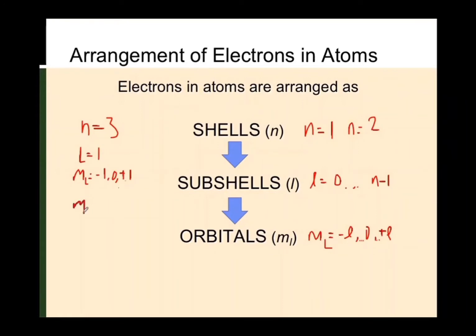Then ms for any one of those is going to be plus or minus, for each one of our orbitals.